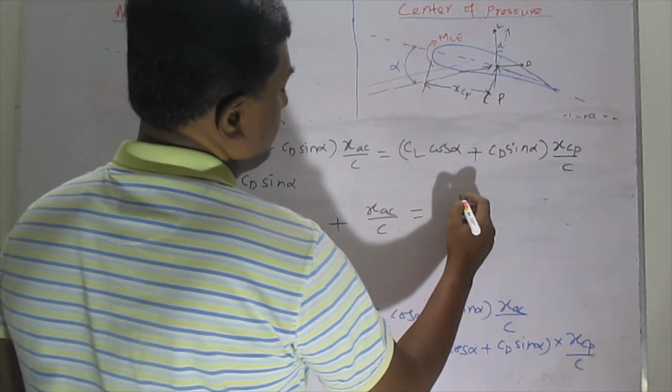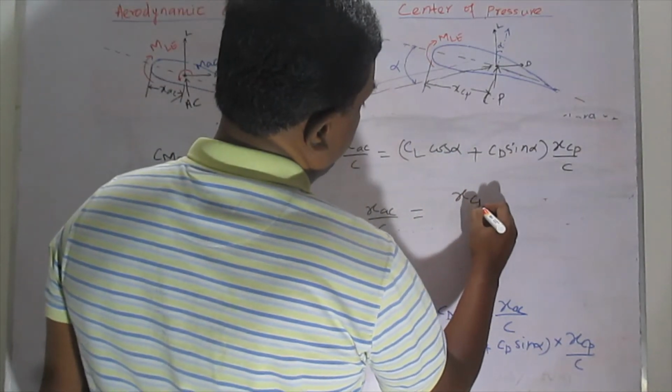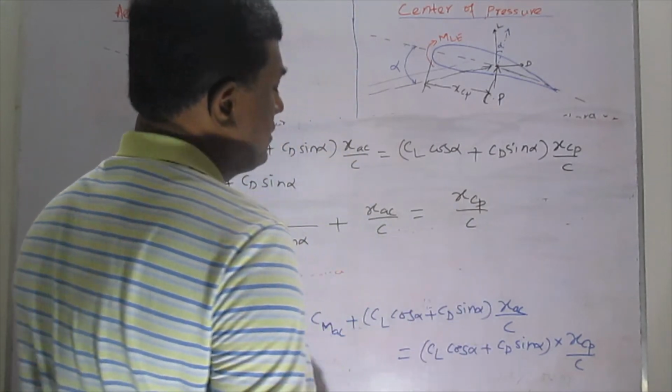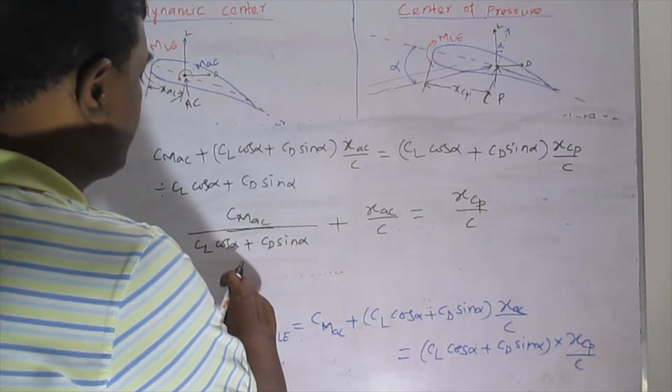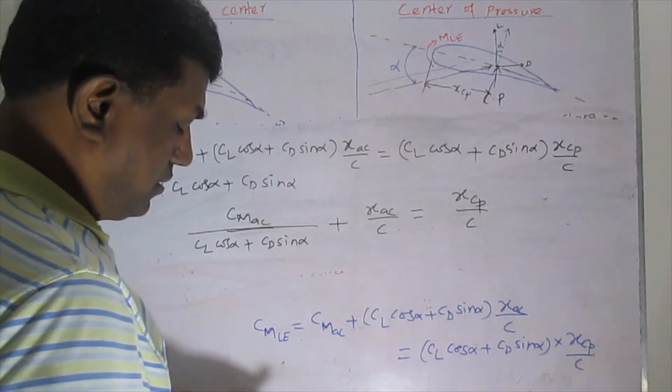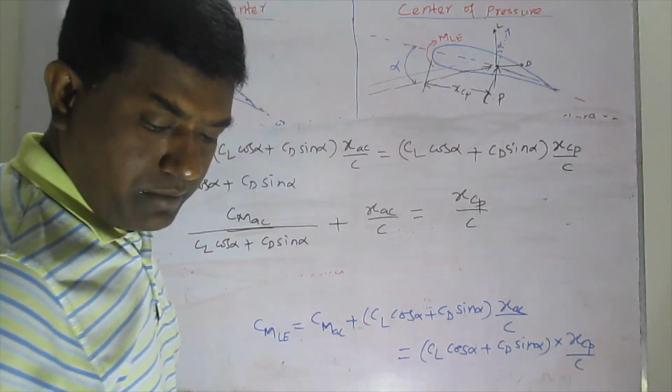If we are dividing, then we will be getting XCP by C. So this is the relationship finally we are getting. Then this can be further simplified.